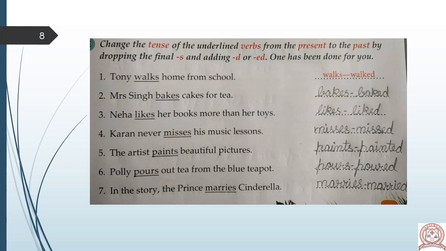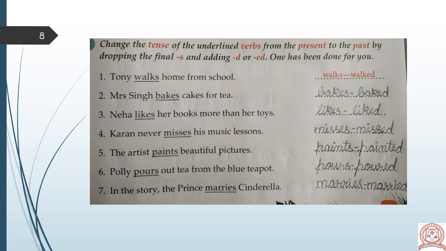T-R-I-E-D. Next example, cries. C-R-I-E-S. And if we remove S, we have to add D to it like cried. C-R-I-E-D, cried.